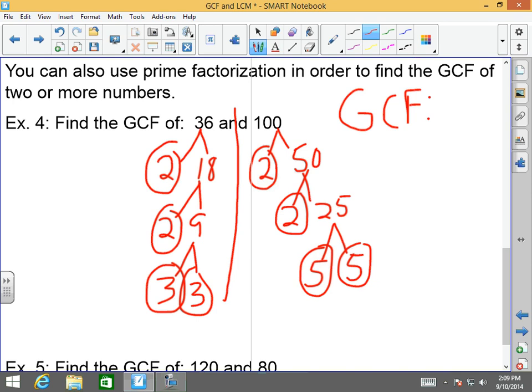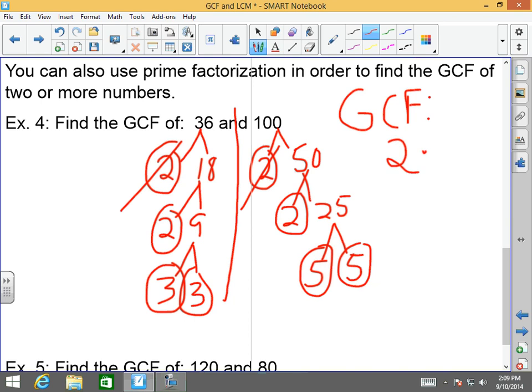So it's the product of matching pairs from one side to the other. Please pay attention to what this means. You see how on the left side I have a 2? And on the right side I have a 2? That's one pair, correct? So it comes out as 1, 2.